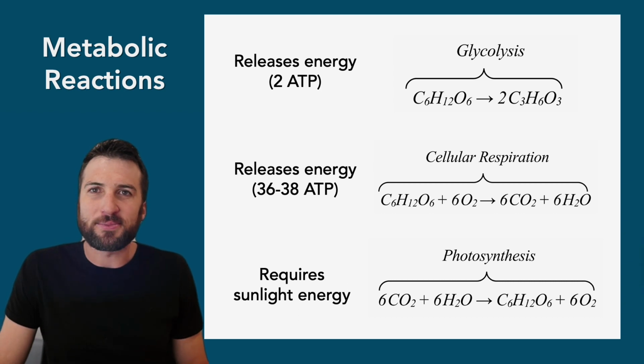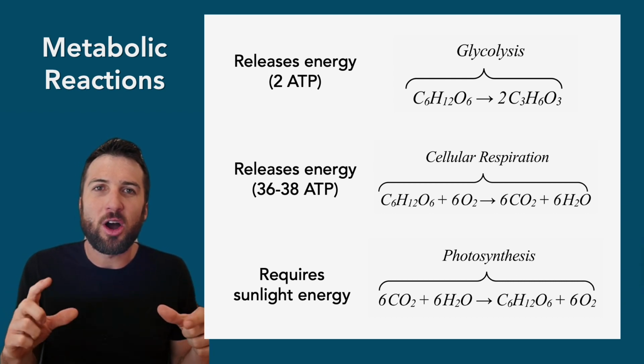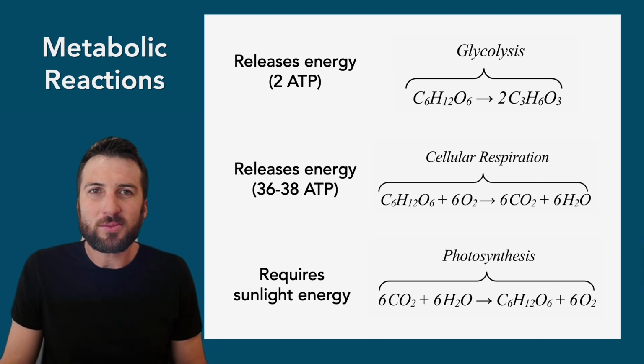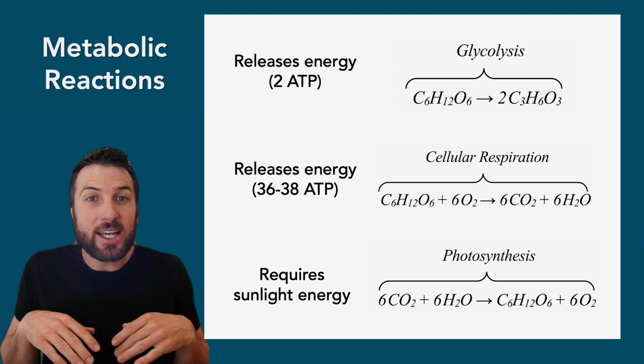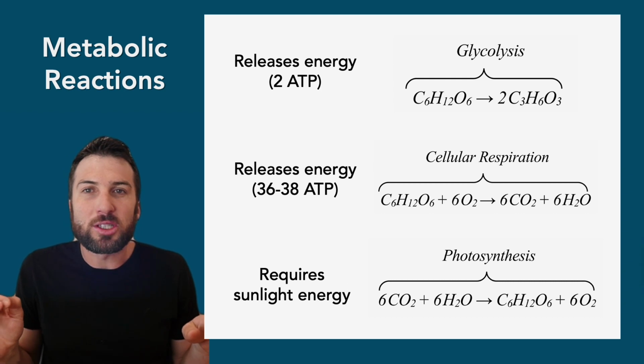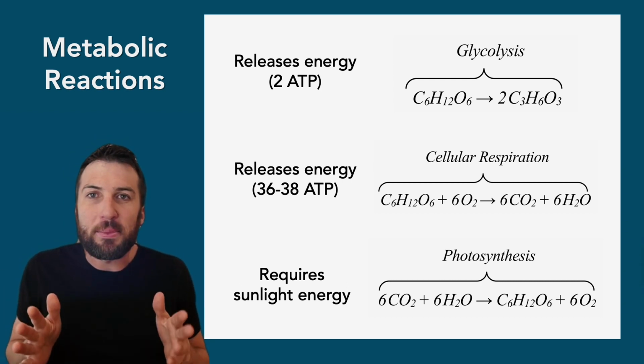I'll just note that what's really interesting is that cellular respiration and photosynthesis, the reactions and the products of the chemical reactions, are inverses of each other. So this creates a balancing effect on the atmospheric levels, where plants absorb a lot of carbon dioxide and emit oxygen, but animals absorb a lot of oxygen and emit carbon dioxide.